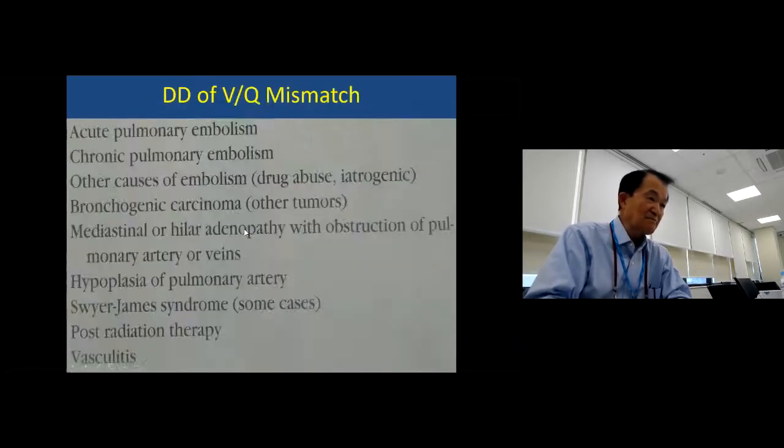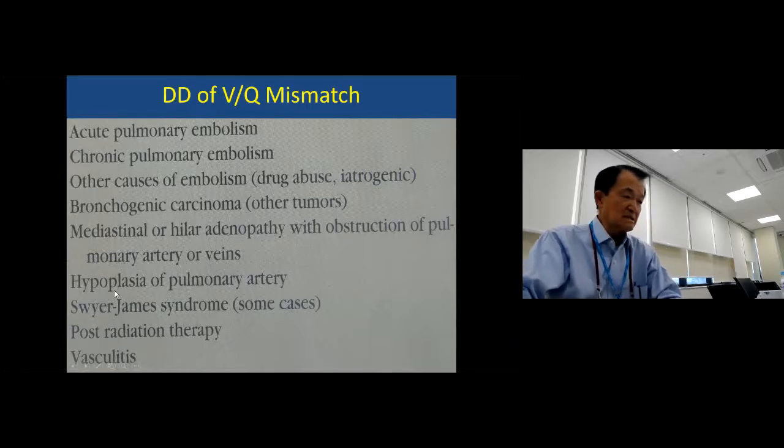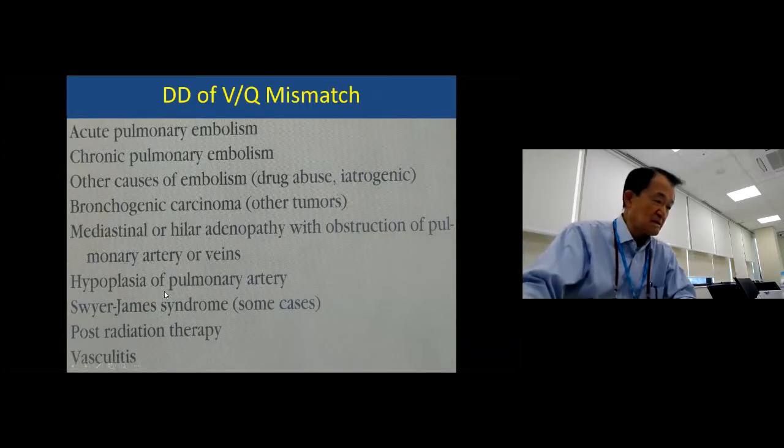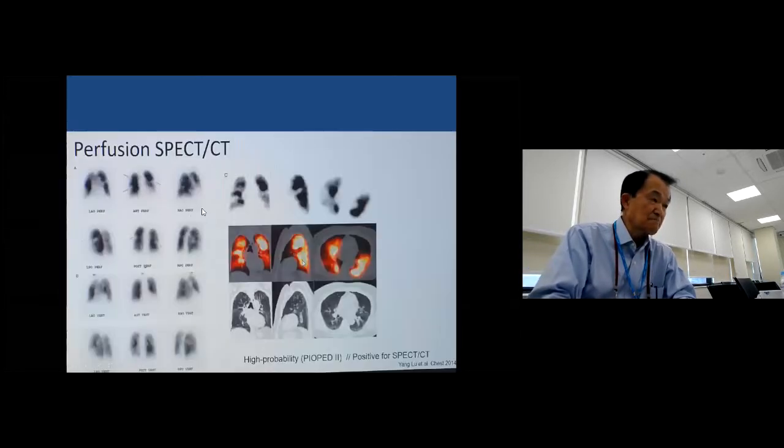That's a high probability. So for VQ mismatch, there is a lot of differential diagnosis, particularly lung cancer, extrinsic compression of the pulmonary arterial segment by hilar or mediastinal adenopathy, and certainly congenital hypoplasia, post-radiation, etc. So you have to consider that.